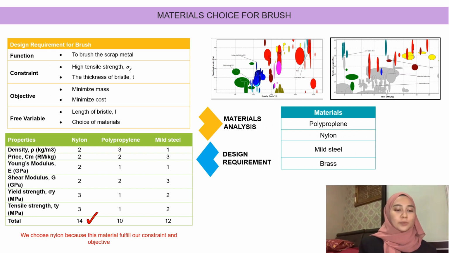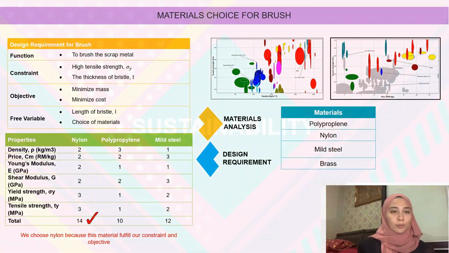Then, for the brush part, the process flow is the same as the previous part, but with a different design requirement, as we want to have high tensile strength and thickness of the bristle. And of course, the mass must be as low and cheap as possible. So after going through the screening and scoring process, nylon showed the highest result and achieved the objective and constraints needed in the design refinement.